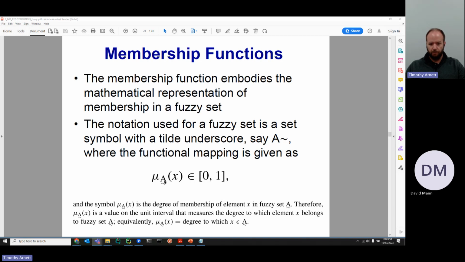So this is the set that we're grading membership in, and mu represents the actual membership in this fuzzy set A. And mu sub A is a function of x, being the input value, the measured value that is coming in, and you're then mapping that onto its membership value in this set A. And so this is always in the range of 0 to 1. It can take on many different forms.